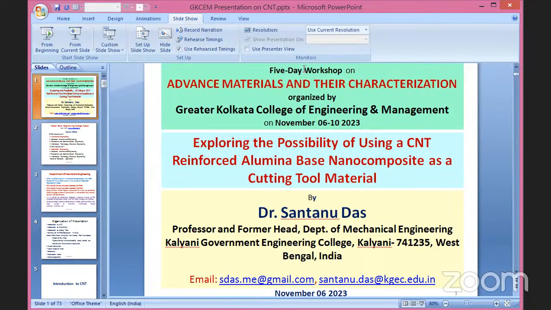One complete master degree project was made to develop these CNT reinforced alumina-based nanocomposite cutting tools. Then a lot of tests were done at Kolaghat Government Engineering College facilities. After that, Dr. Premal Kumar Das retired, and this work was stopped. It could not be continued.